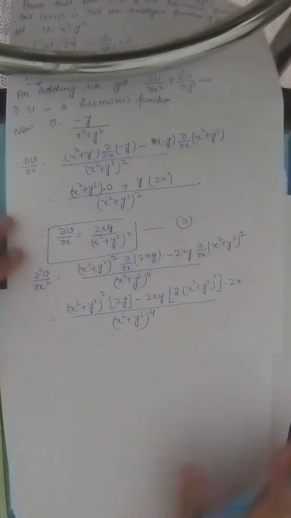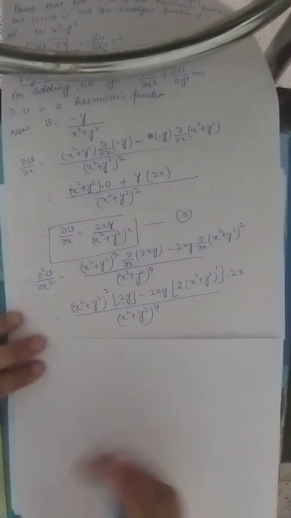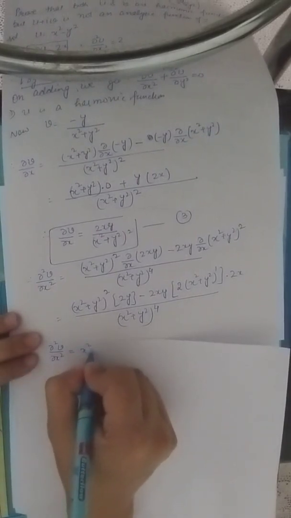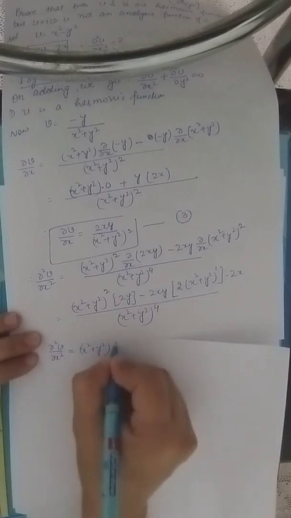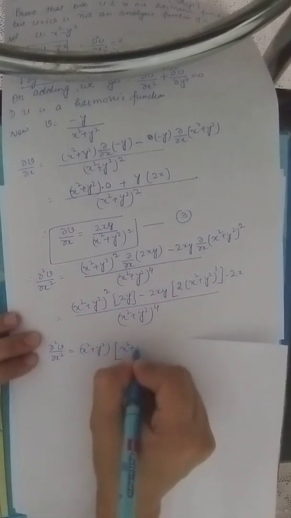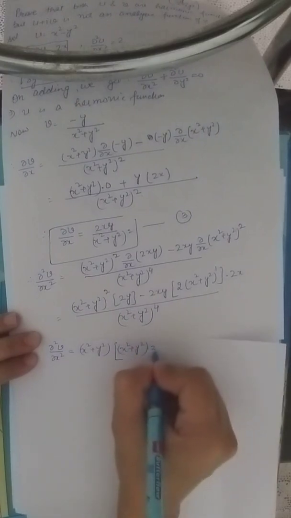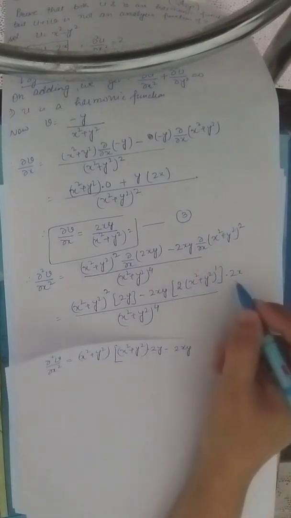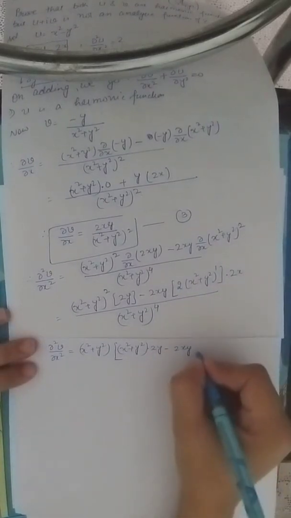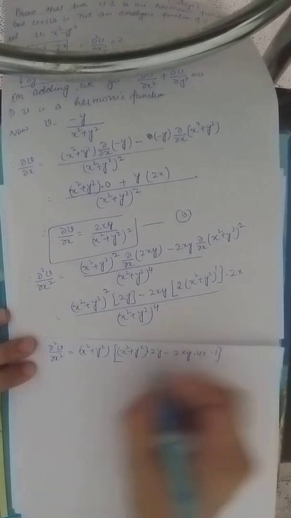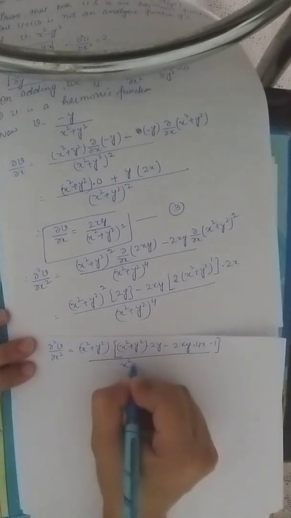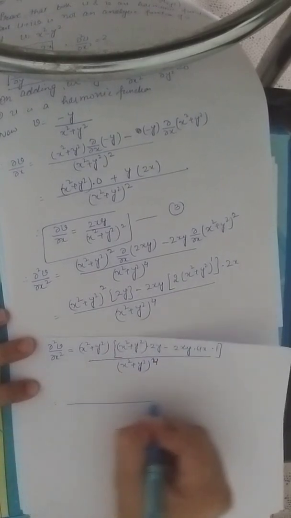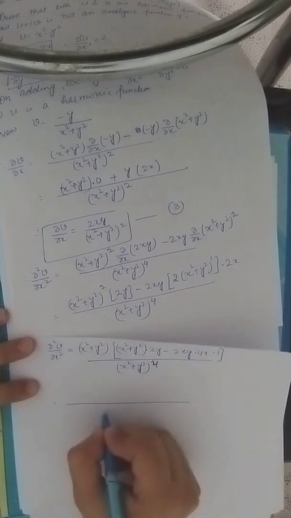From here we get ∂²v/∂x² is x square plus y square common, inside I get x square plus y square into 2y minus 2xy into 4x into 1 divided by x square plus y square whole power 4. It is equal to 1 will be cancelled out.